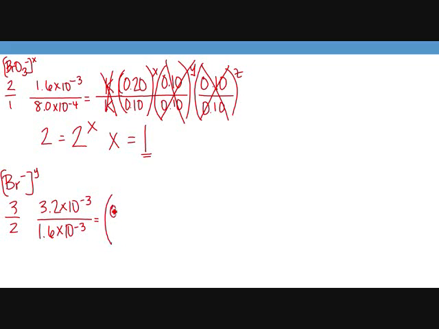So we have 0.20 over 0.10 raised to the y power. Simplifying that down, the left equals 2, the right equals 2 to the y power, so y is equal to 1. It just so happens that they're the same value for x and y.